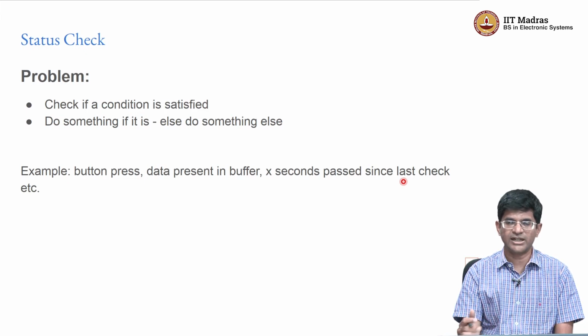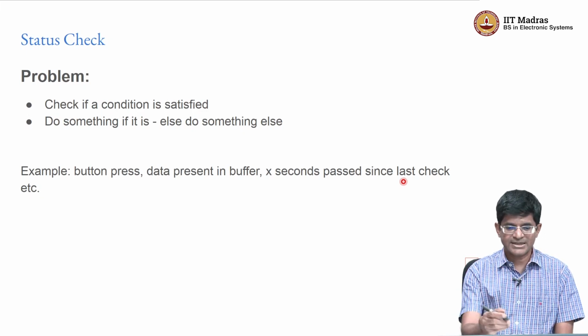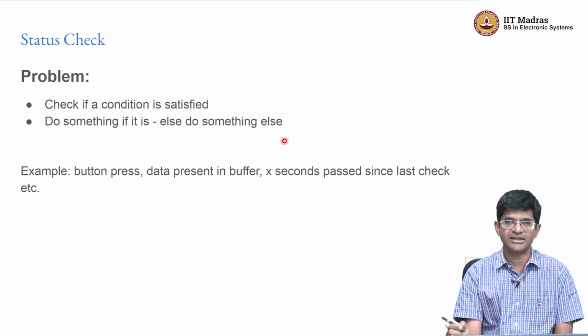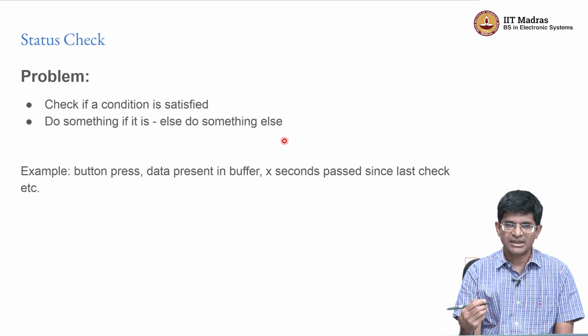If I find that there was no data present in the buffer, maybe I need to alert the user and say, hey, I'm expecting a response from you. Or I just move on and do something else after a specific timeout. But this pattern, I want to check something and based on the status do something else, is a very common occurrence, especially in the design of embedded systems, primarily because of a certain degree of interactivity.